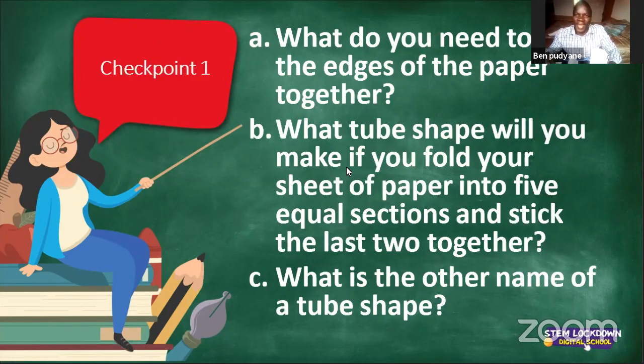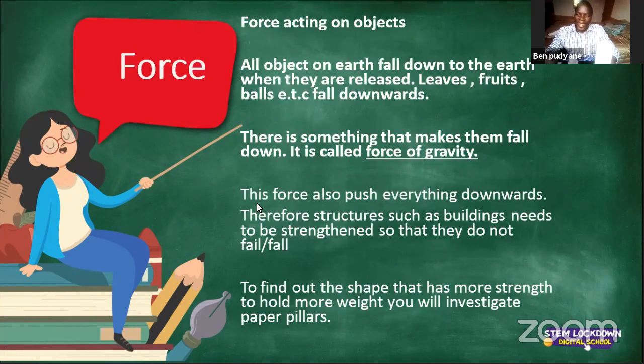The next slide talks about the force acting on the object. When you throw things upwards, they fall downwards. They come down on their own. There must be something that makes them go down.